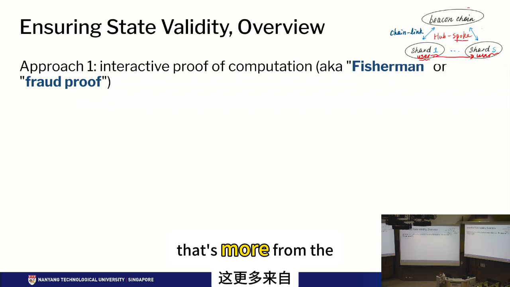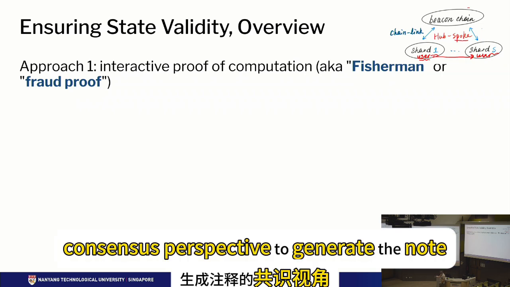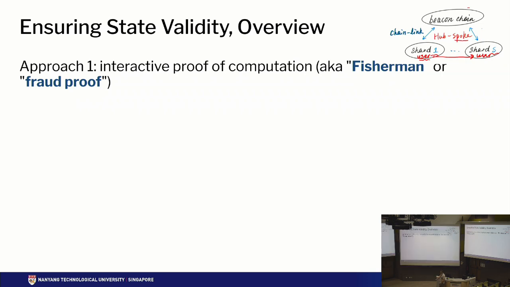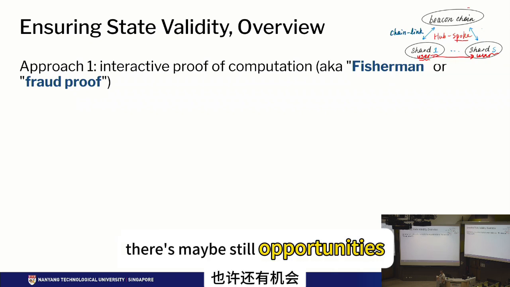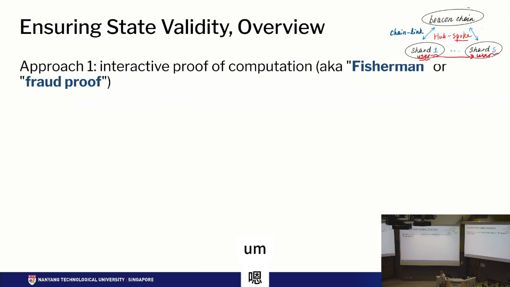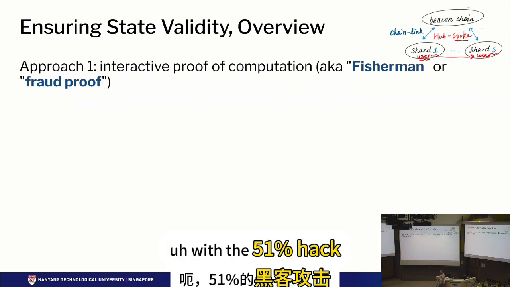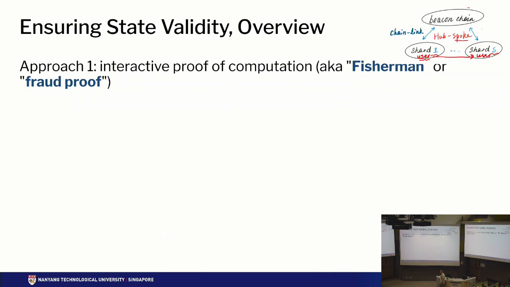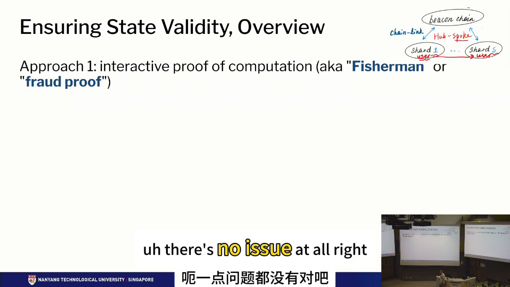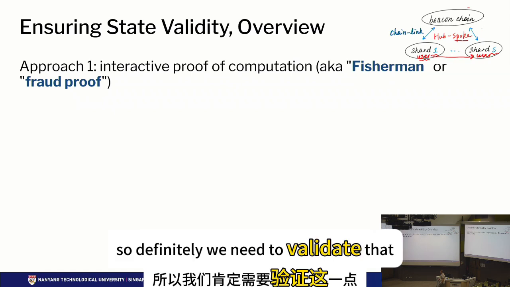That's more from the consensus perspective to generate the node. But you need to validate that, right? Because there are maybe still opportunities, like people trying to hack with a 51% attack. How can you make sure there's no issue at all, right? So definitely we need to validate that.